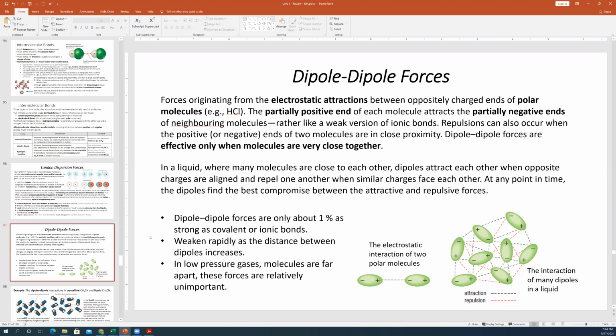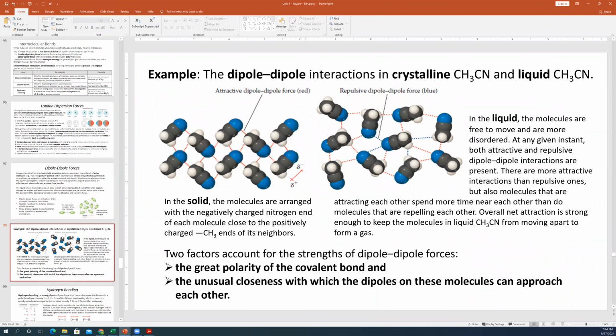and form a dipole-dipole force. An example of a dipole-dipole interaction, we looked at some over here, where you have attractive dipole-dipole forces in the solid state, and everything is very neatly arranged in a crystalline format.